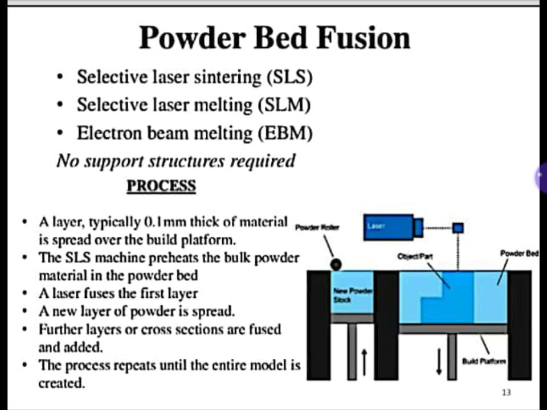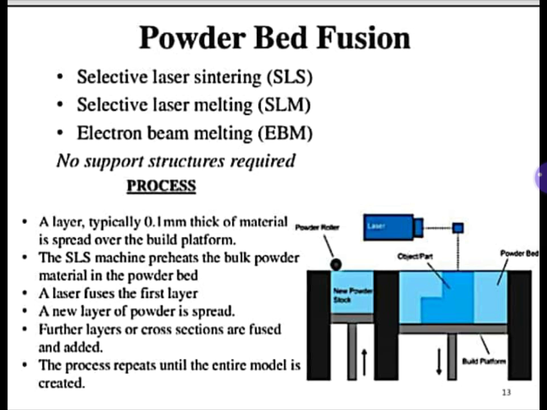So this process is going to work on the principle that some of the powders can be hardened by heating. This is the technique that you are going to use in the powder bed sintering process. I have said that there is a heat source, so how are we going to apply it?